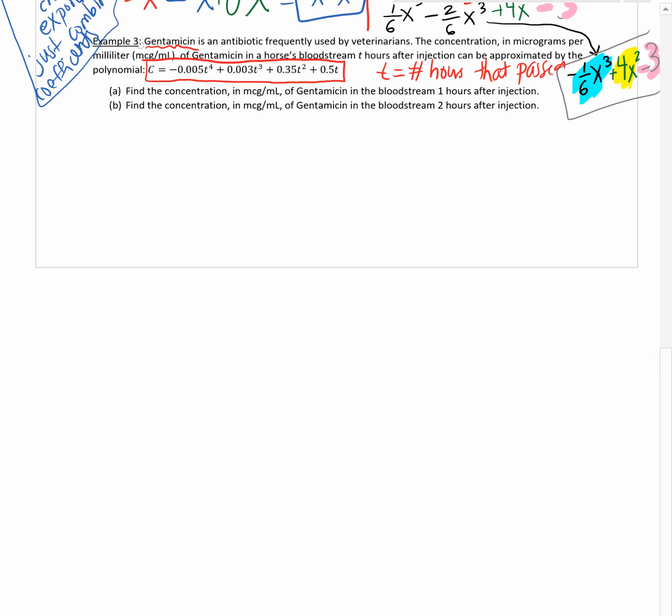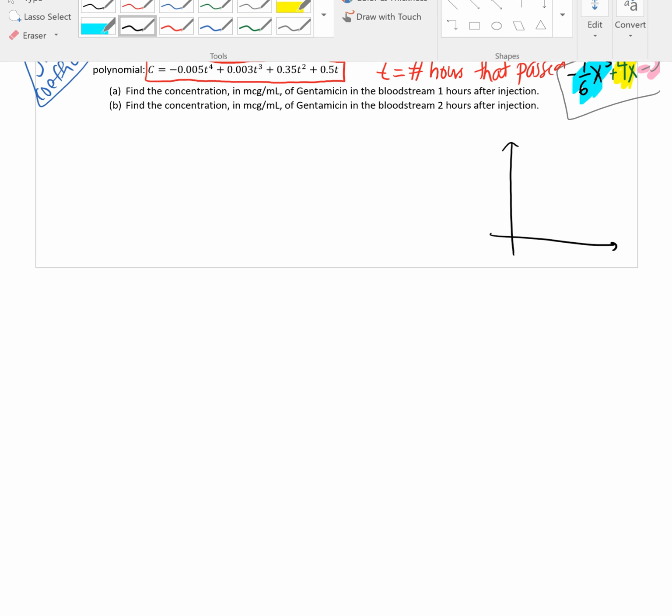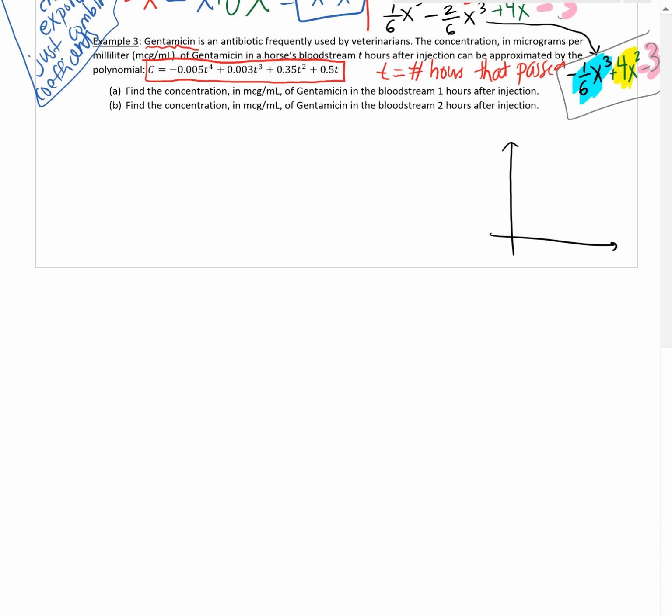I remember I got this problem out of the book, and you don't really need to know this part for this problem, but the graph of this guy started off at 0, because of course before you even inject it, the horse is not going to have any medicine. But once they injected it, it spiked, it started running through the horse's bloodstream. At a certain point, it peaked, and then it slowly went down and went away from their bloodstream.